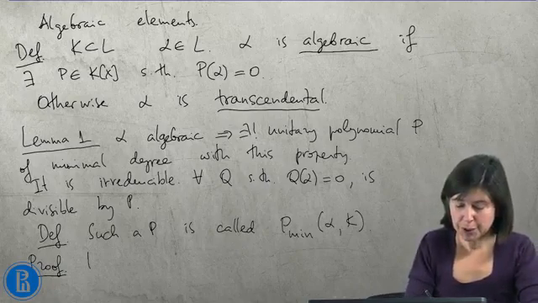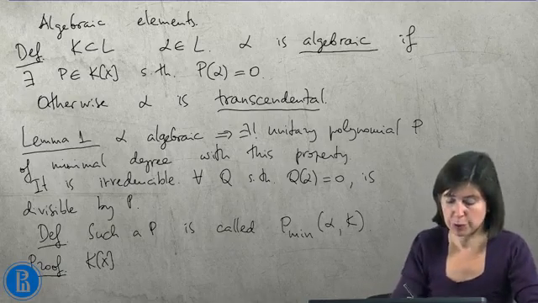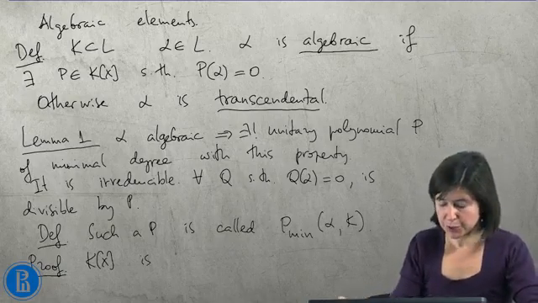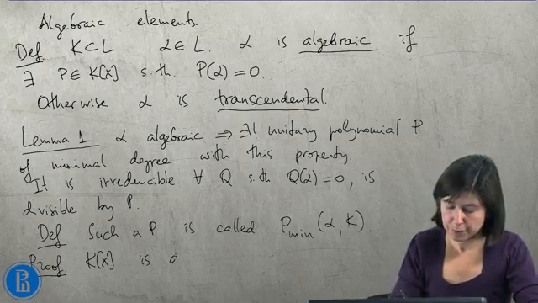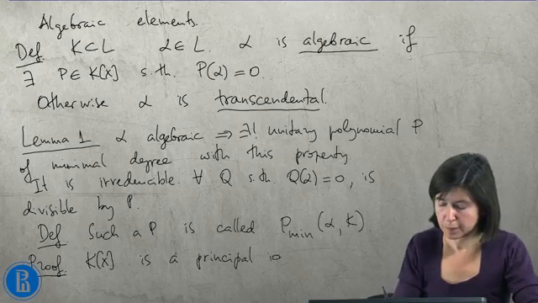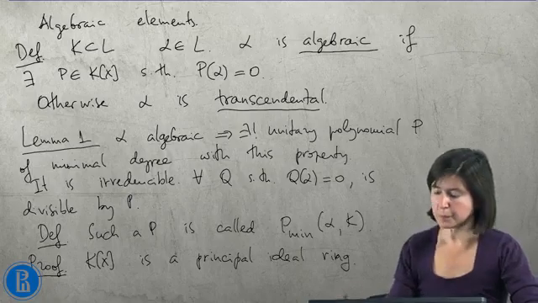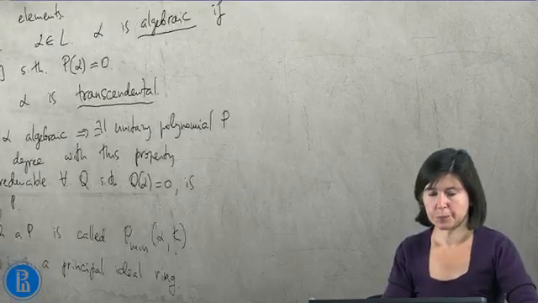We know that K of X, the polynomial ring in one variable, is a principal ideal domain. And the polynomials vanishing in alpha certainly form an ideal.